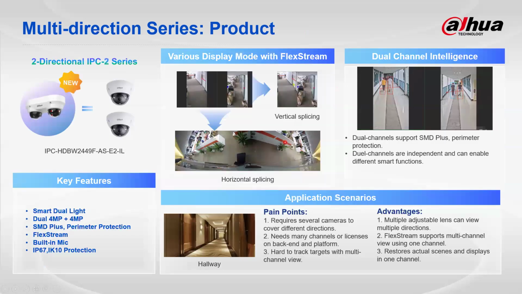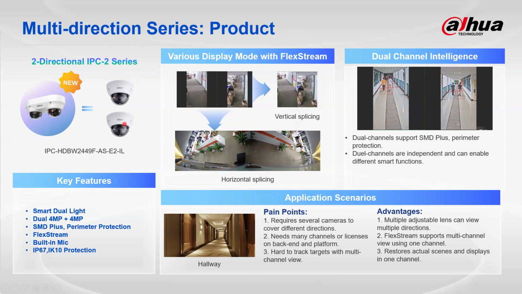Same case applies on this. This is a WizSense 2 multi-direction series. I believe the concept still remains the same when it comes to doing the Flex Stream. So these two lenses on one hardware are equivalent to two separate cameras, two separate hardwares.